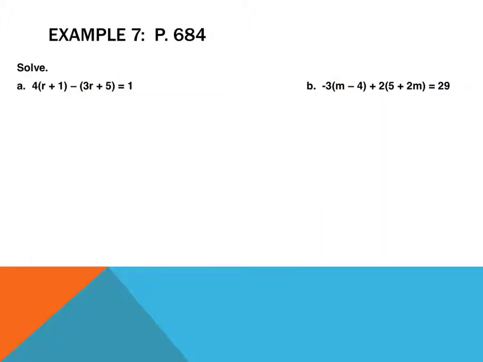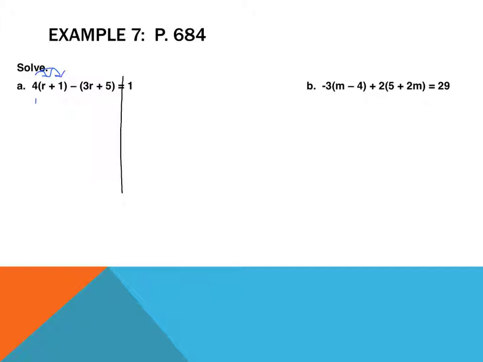Example 7. We are going to simplify the left side. So those parentheses give me a clue that to simplify, I will be using the distributive property. So I'll multiply the 4 to everything inside that set of parentheses that's multiplied to the 4.